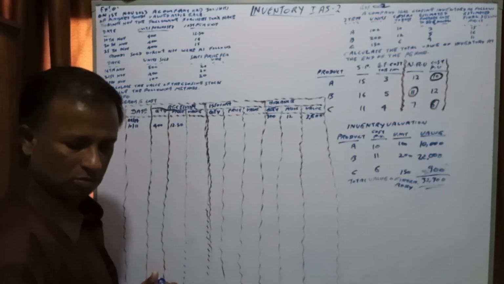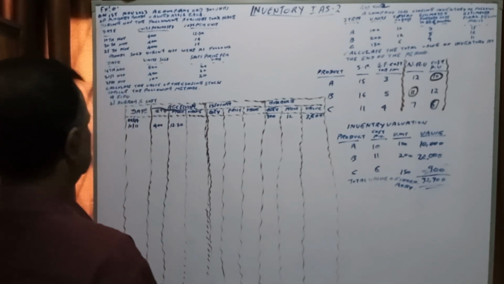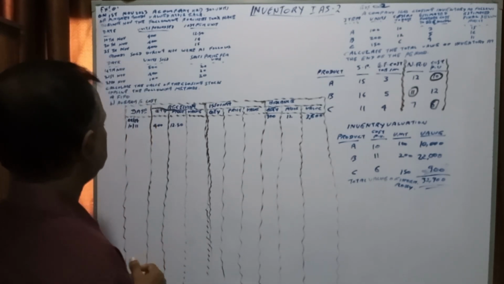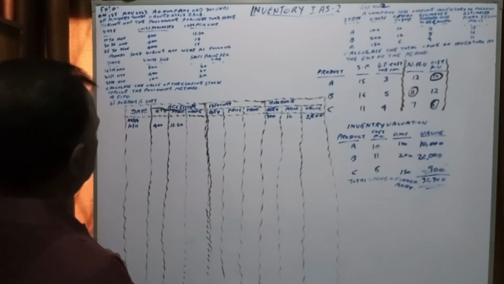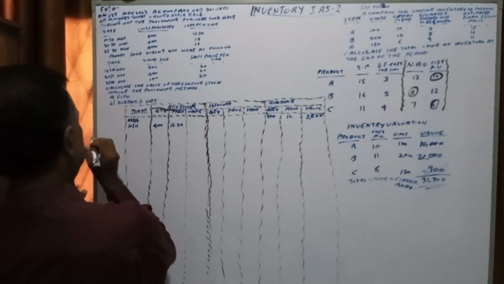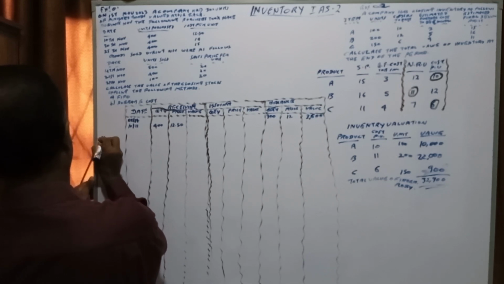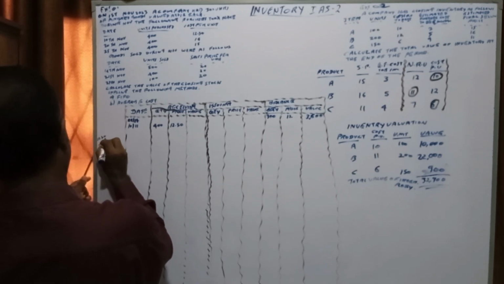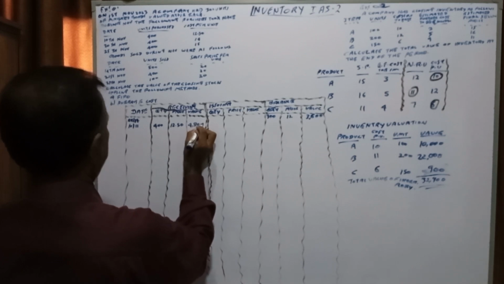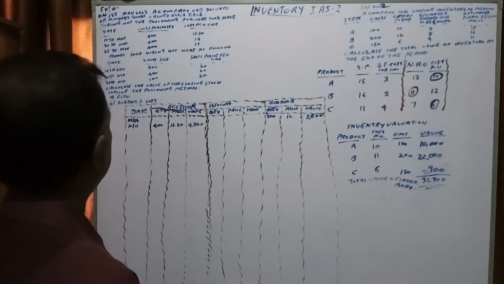So what is the cost of 400 at 12.50? The value is 4800, right?